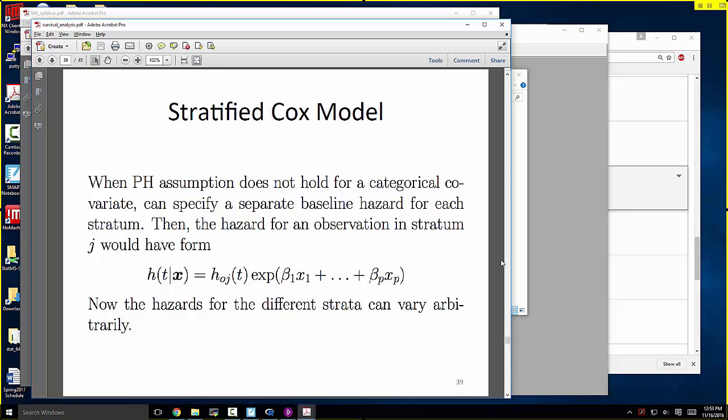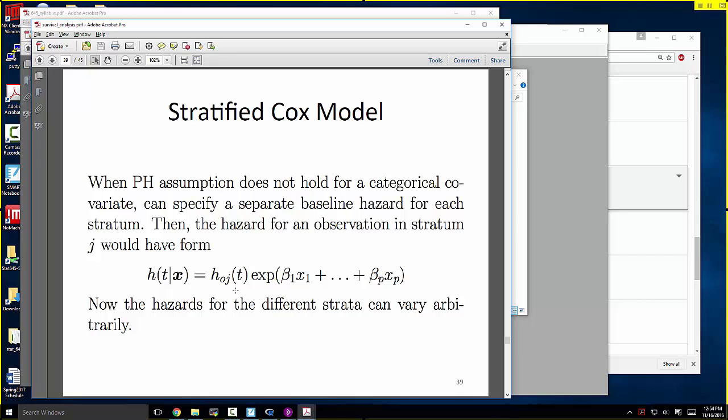What are we supposed to do about it? One alternative would be to do something other than the Cox model, a different type of model that doesn't require this proportional hazards assumption. Another option is to, again, stratify, allowing for a separate baseline hazard function, in the case of a categorical variable, for each of the levels of that categorical variable.